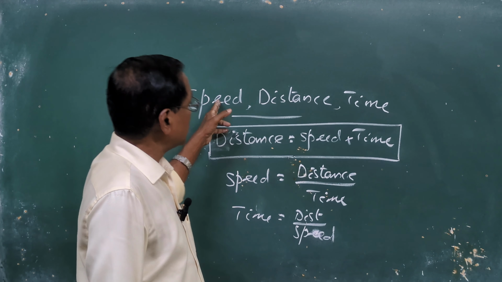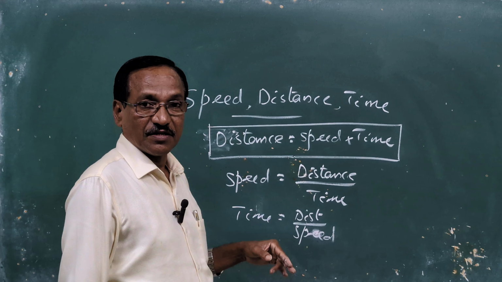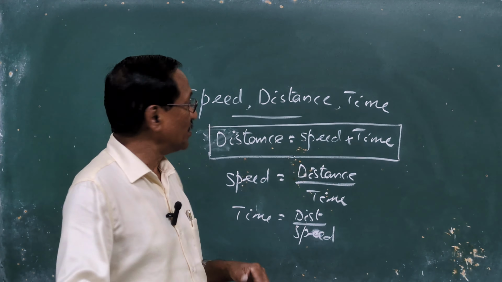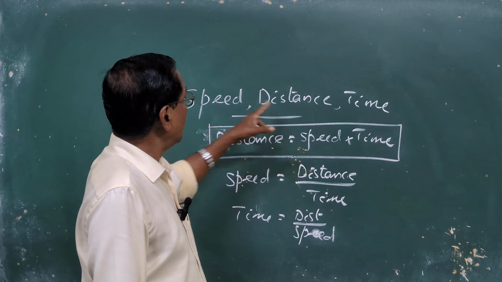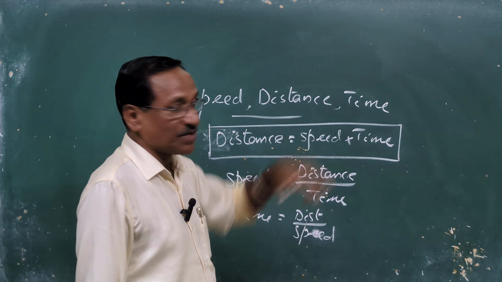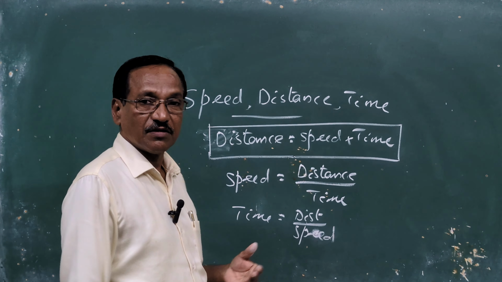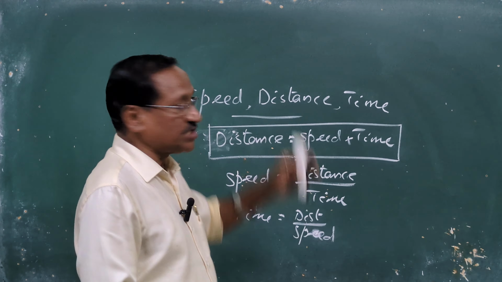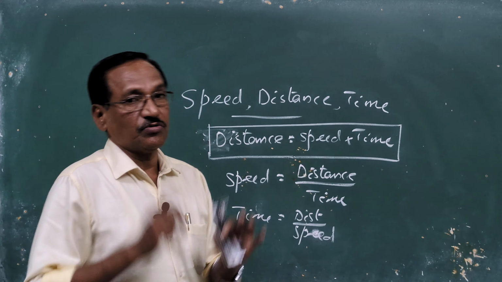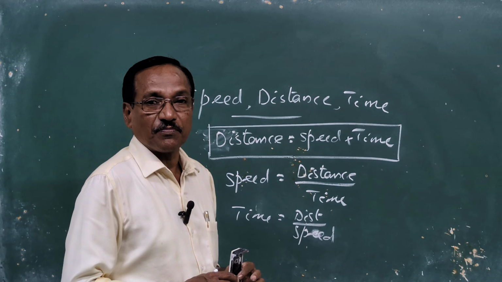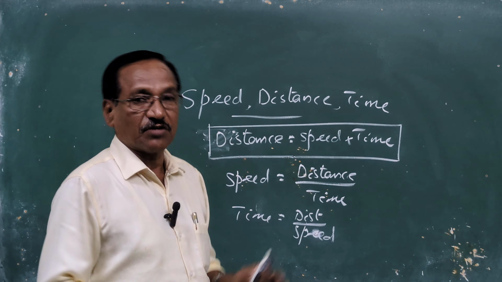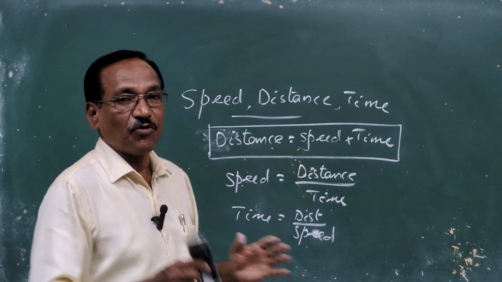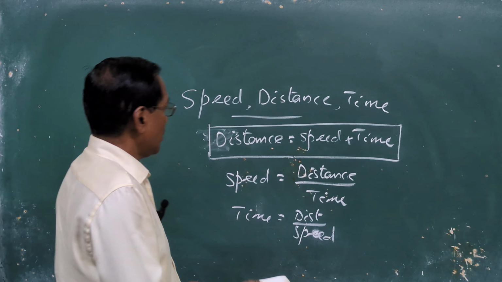Similarly, if the speed and the time are given, the question will be to find the distance. And similarly, if the distance and time are given, the question will be to find the speed. Then always the question is to find the third one.